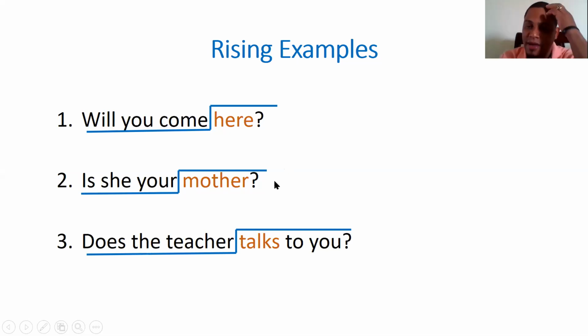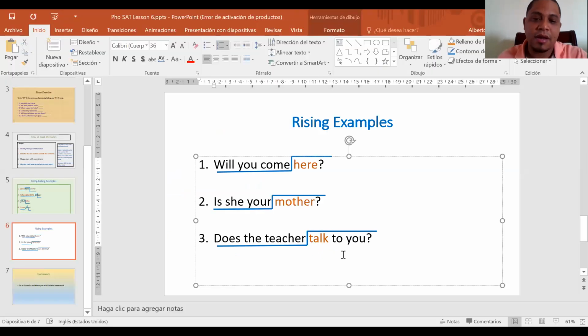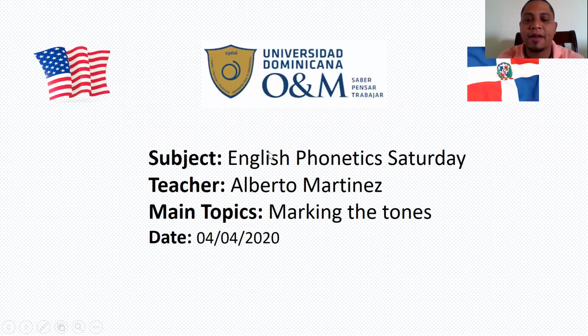But what about if the last word of the sentence is not a content word? So let's go to example number 3. Here says, does the teacher talk to you? Sorry, there was a little mistake in here. Let me correct that.